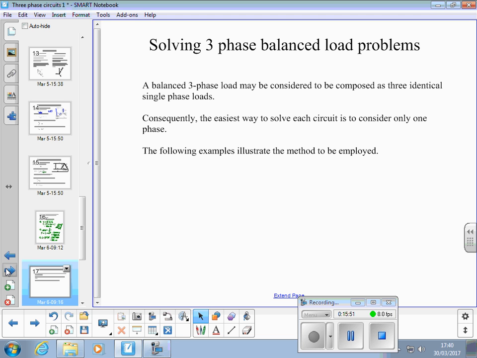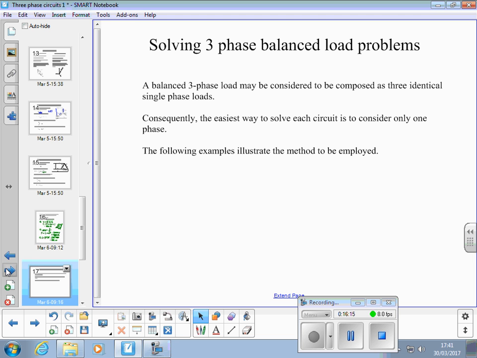Consequently, the easiest way to solve each circuit is to consider only one phase. We're going to look at that with some examples. From that last example, if you can find the power dissipated in one phase, and it's balanced, then you're expecting them all to be the same anyway, so you only need to do one.